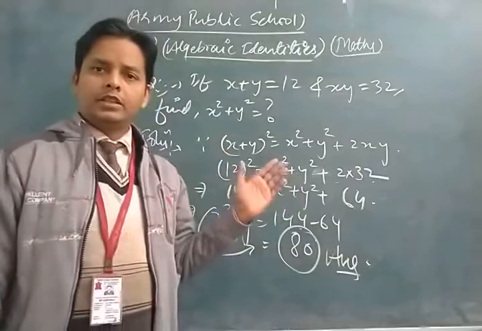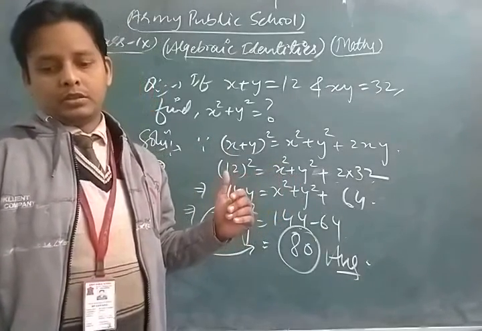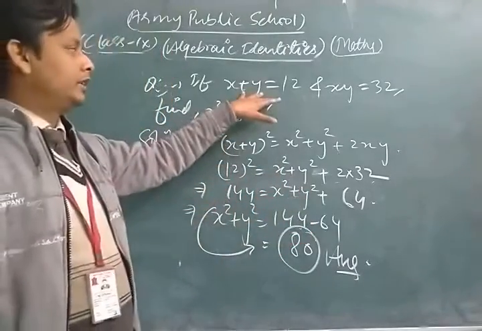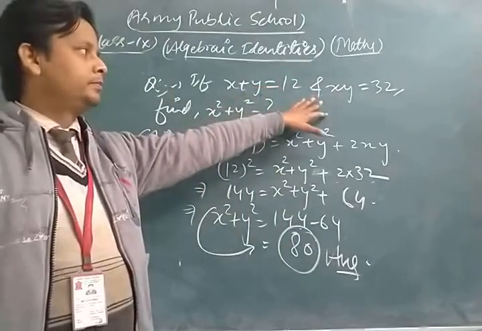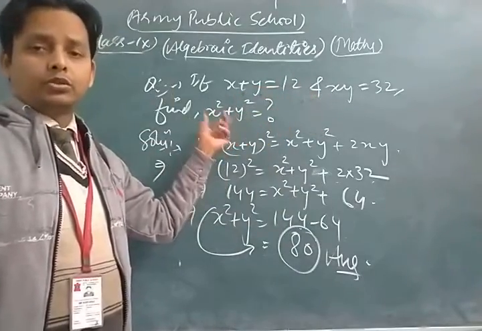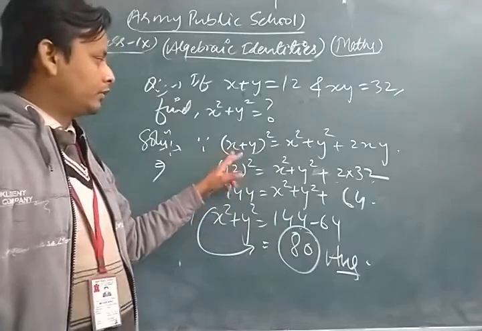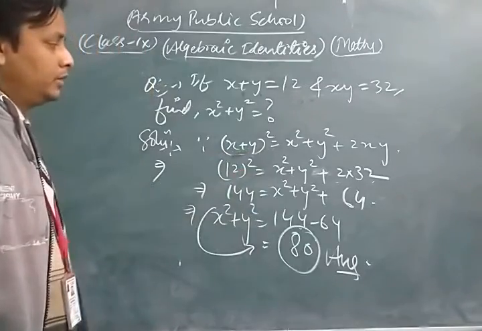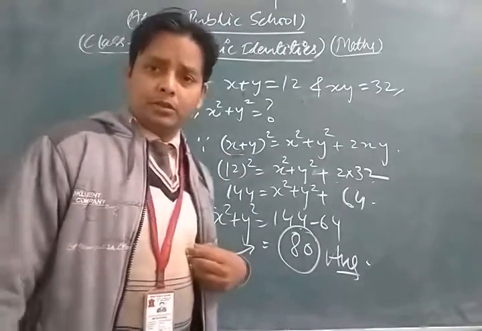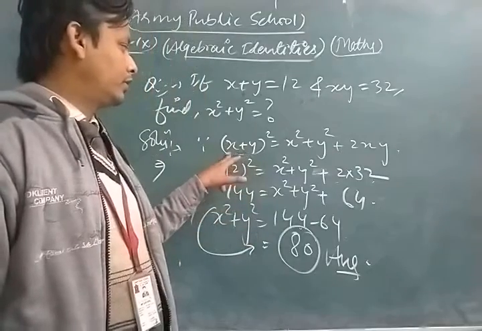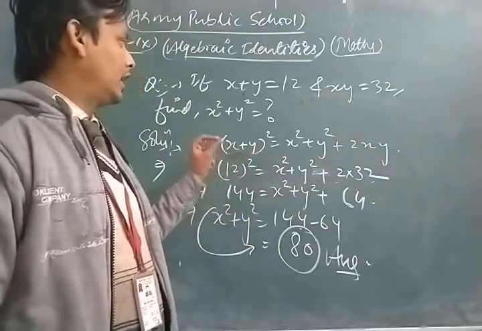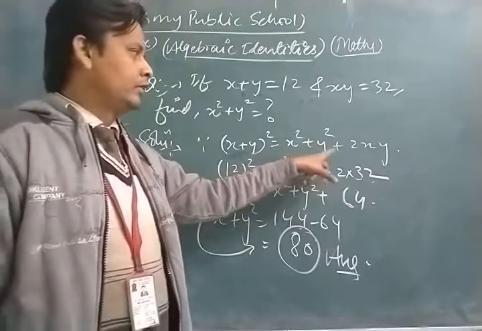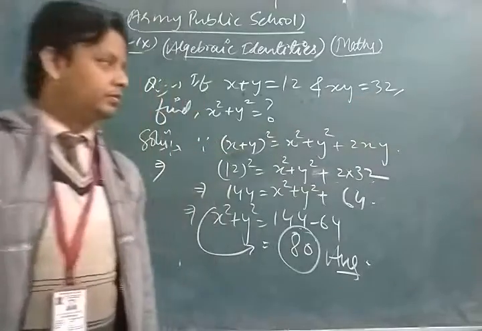So dear student, in this way you can solve that type of questions. We have the value of x plus y and x into y, and we find the value of x square plus y square. So for that, dear student, we apply the formula a plus b whole square, which means a square plus b square plus 2ab, and we put the value of x plus y as 12 squared, equal to x square plus y square, with xy equal to 32.